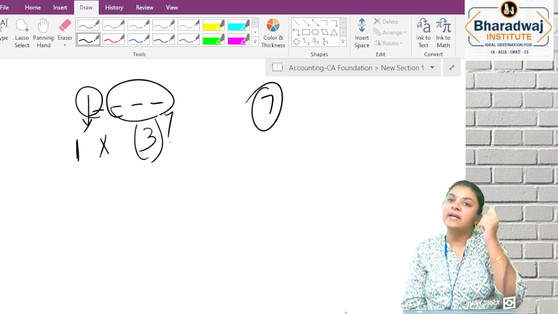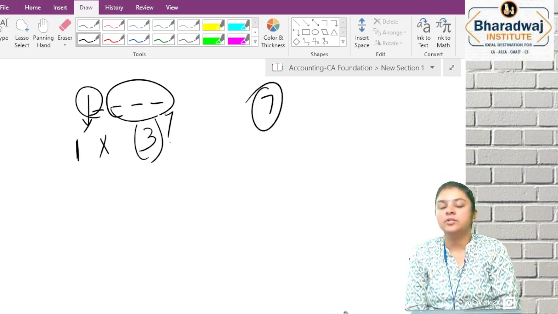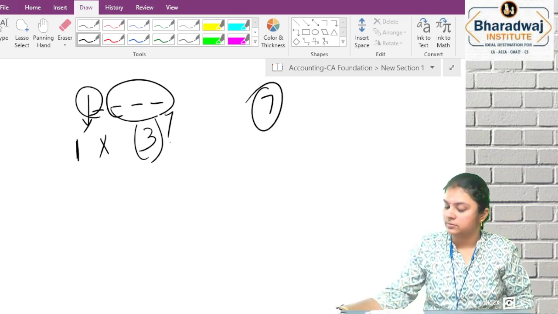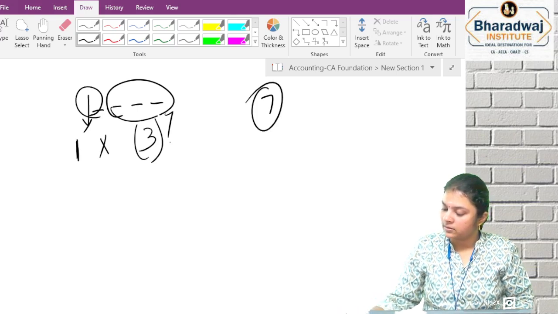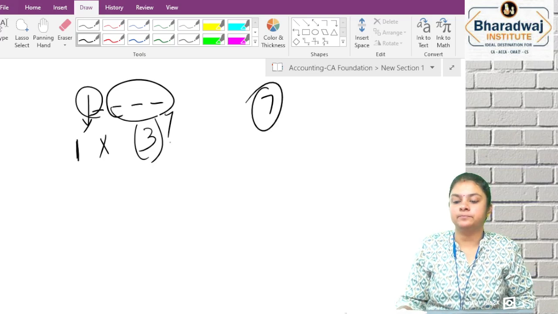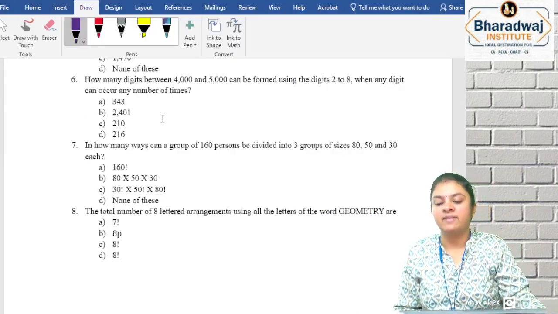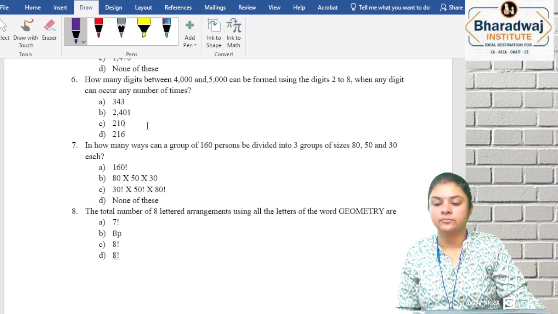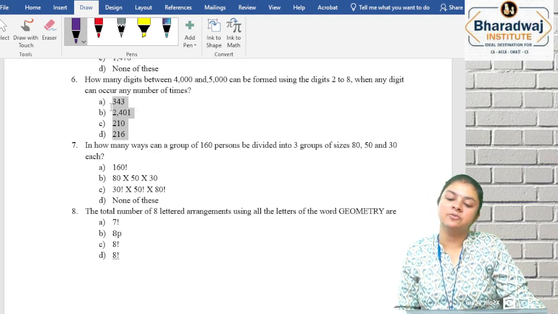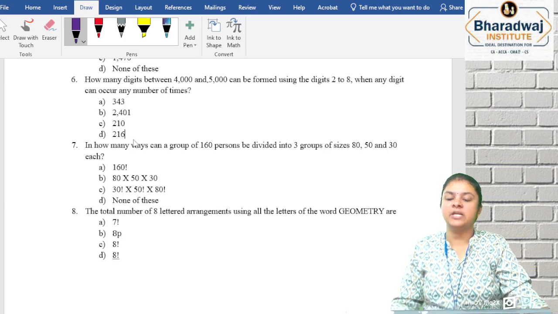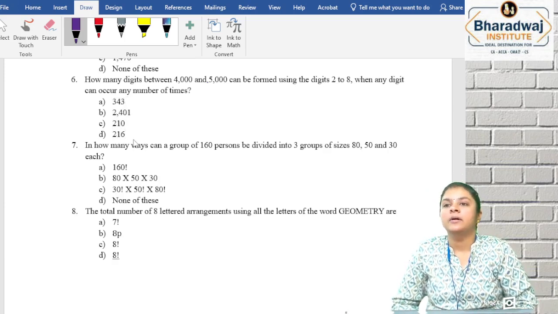So 3 to the power 7. So 3 power 7 is how much? 2187. Okay. Here they have given the answer for non-repetition. It is actually printing mistake in the question.